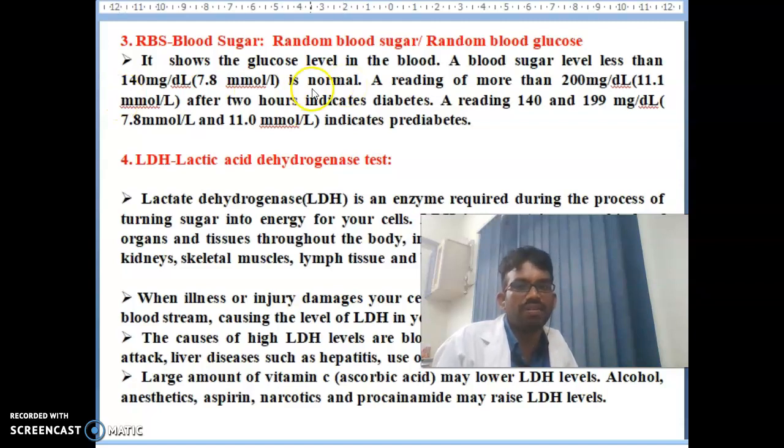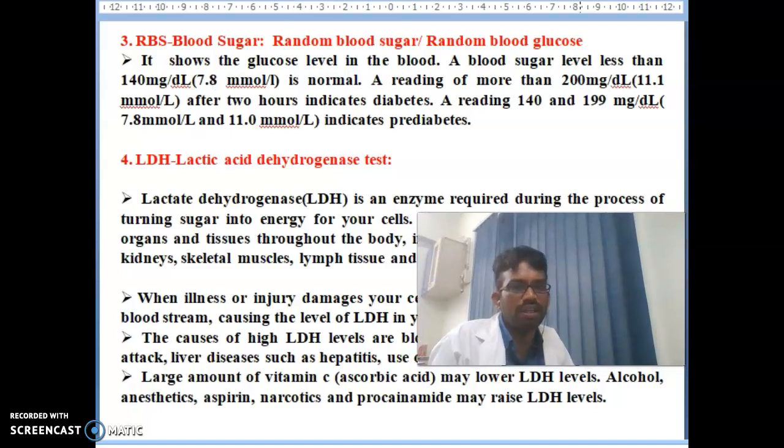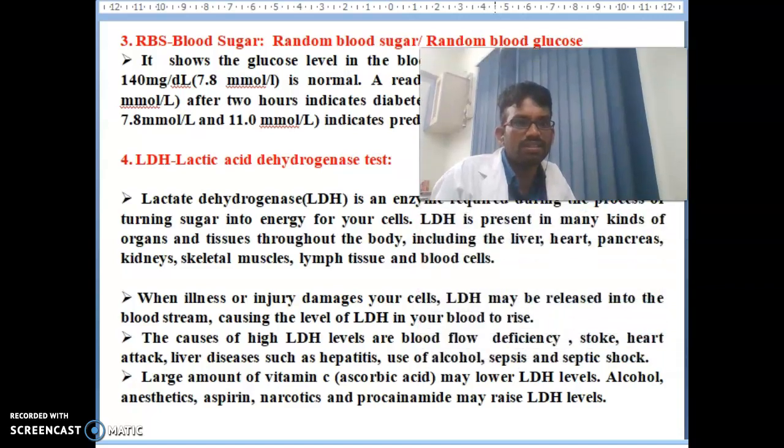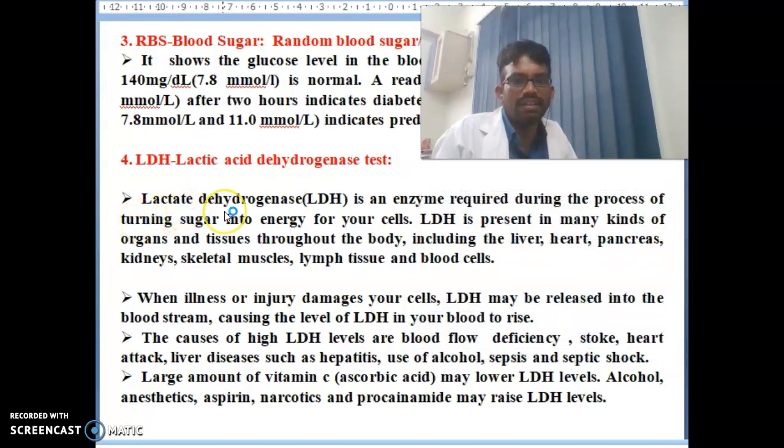You can find out this lactic acid dehydrogenase test. This is also very important. LDH is an enzyme required during the process of turning sugar into energy. So our sugar is converted into energy; that is the main function of the LDH.